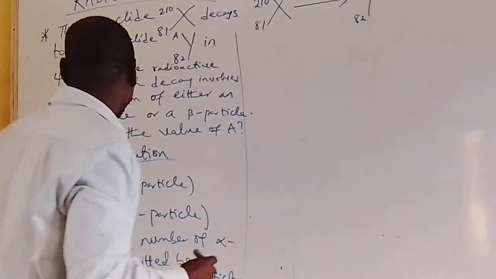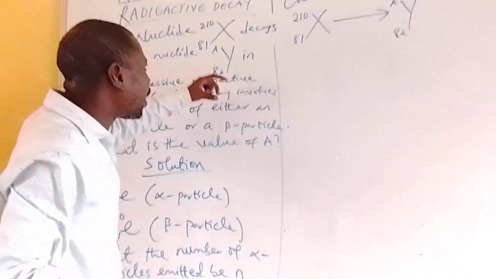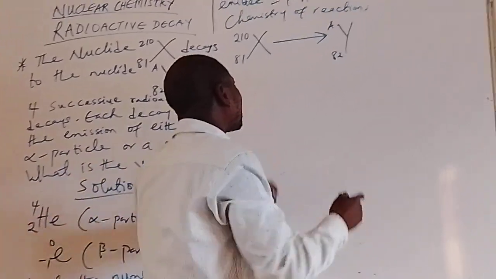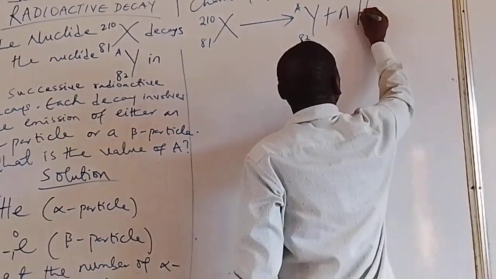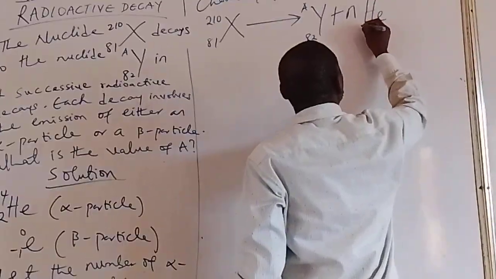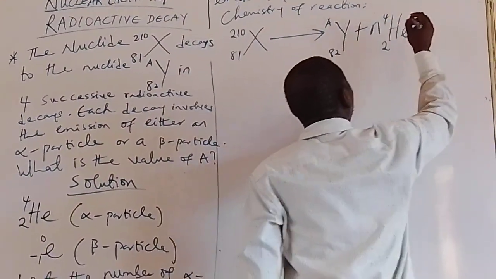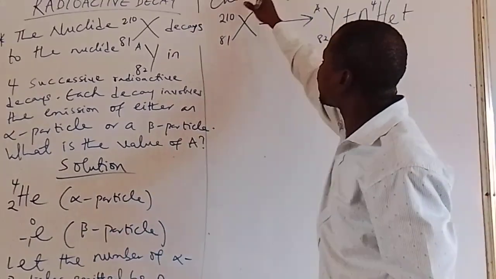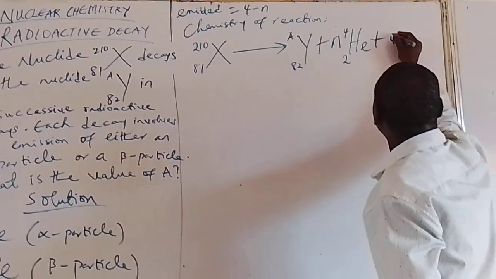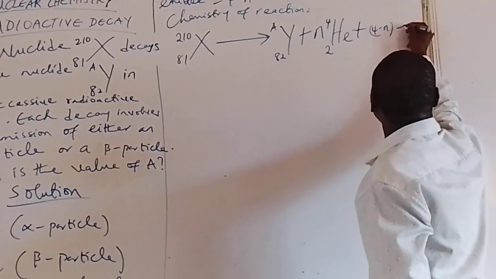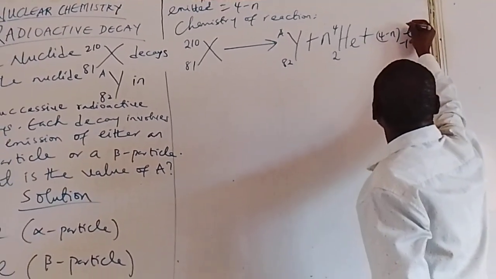Then we are told that we have alpha and beta decay. That means we are going to add n number of alpha particles, that is n, He, 2, 4. Then since the number of beta decay is 4 minus n, we have 4 minus n of beta particle, E, -1, 0.